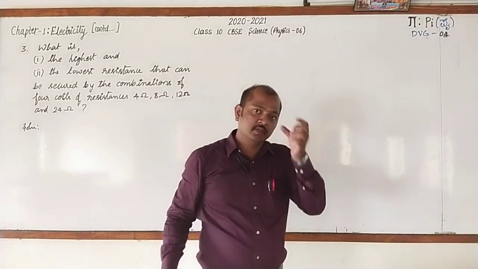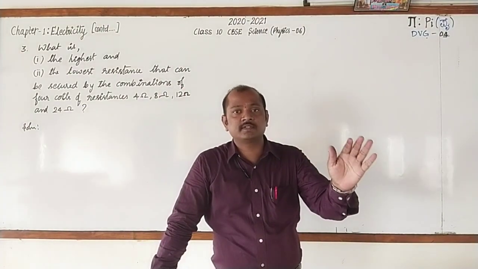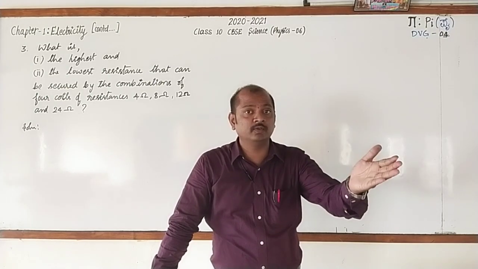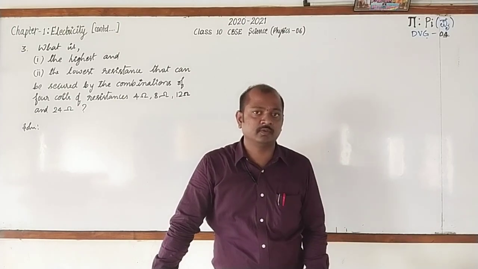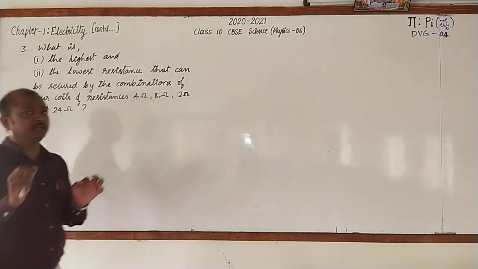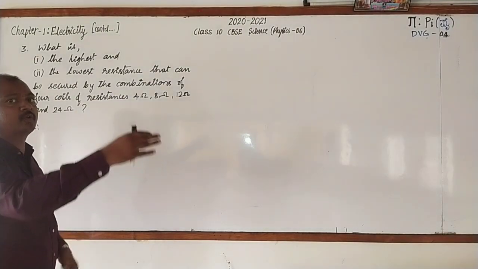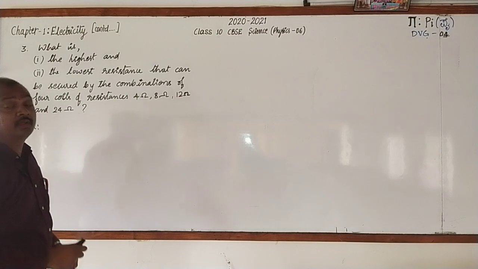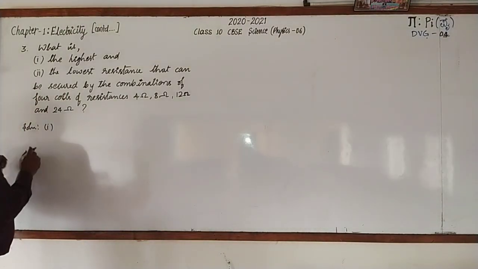Dear students, you all know how we have to connect the resistors to get the highest value and how they are to be connected to get the lowest value. Can you recall it? Yes, you are right. For the highest value, we should connect them in series. For the lowest value, we have to connect them in parallel. Here, let us answer one by one.